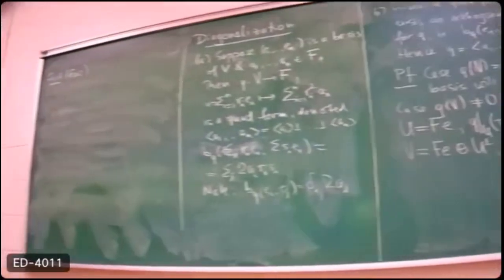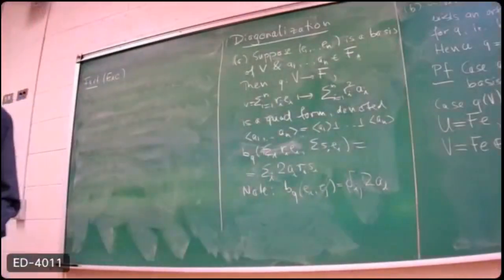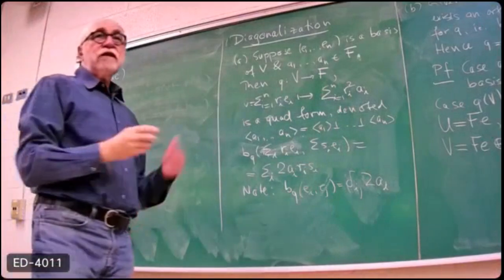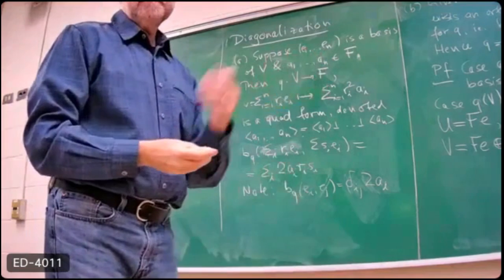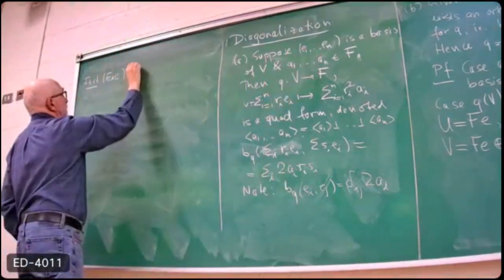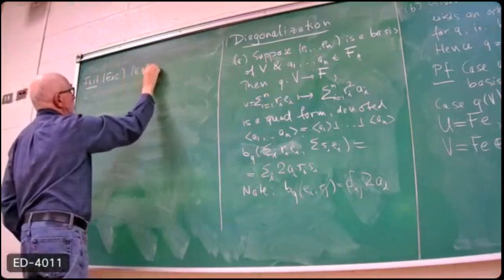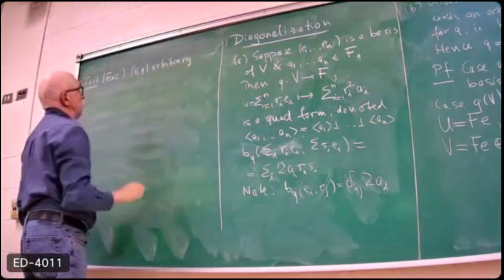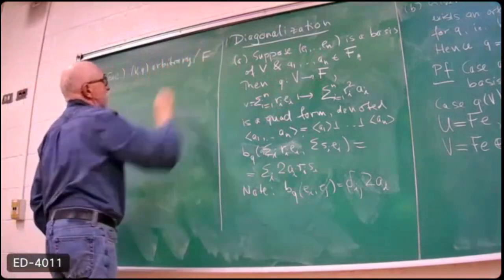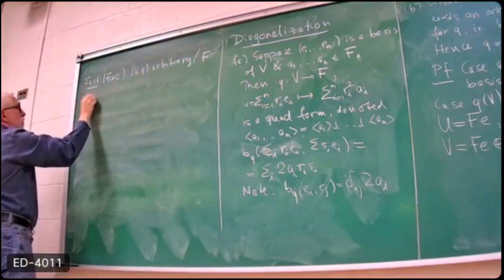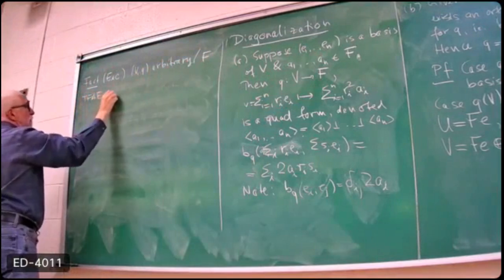The first thing I would like to mention is an exercise. It's not very difficult, which says regularity is preserved. Namely, if you have Q an arbitrary quadratic form over F, then the following are equivalent.